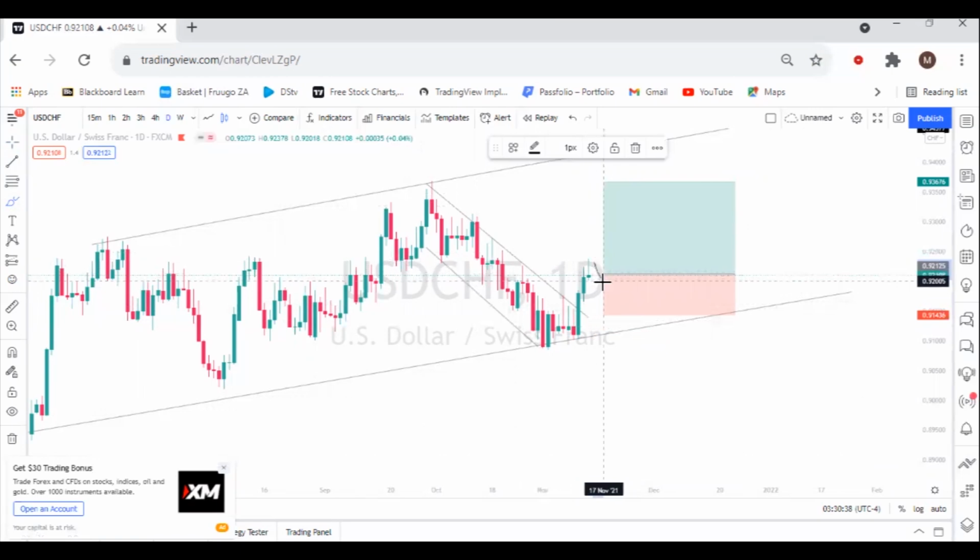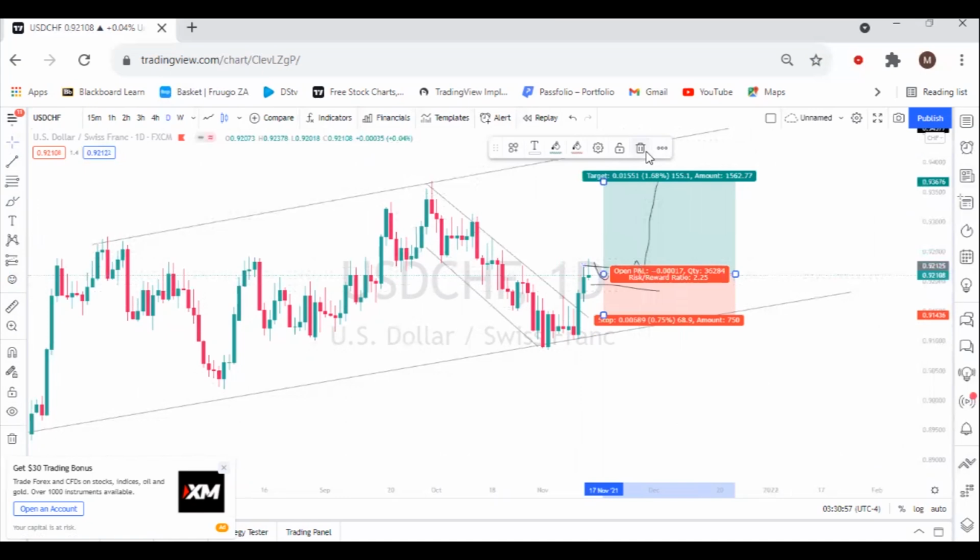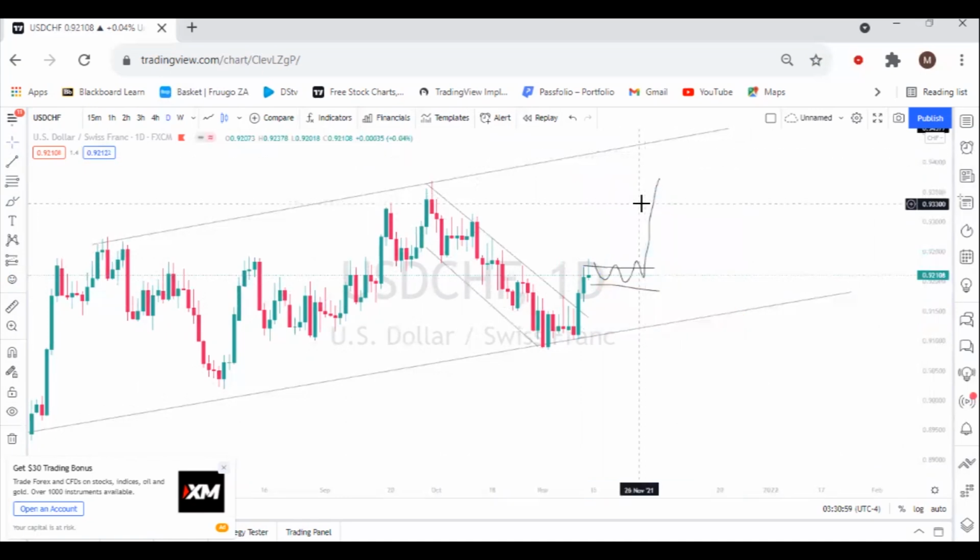The market is supposed to go sideways a bit so that it can buy. So we're gonna enter based off this flag right here. So that is the short term trade for USD CHF.